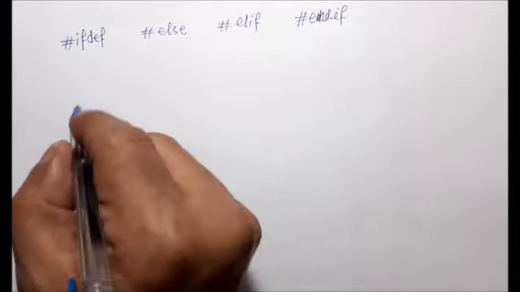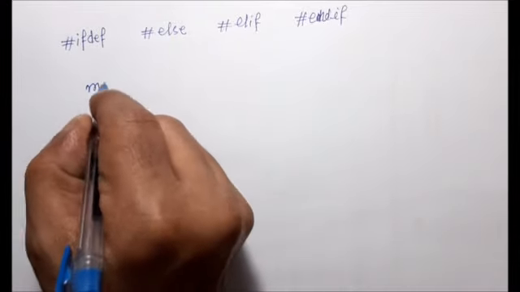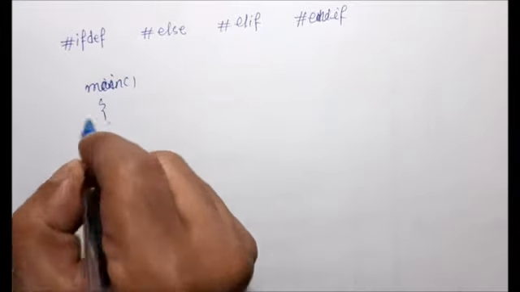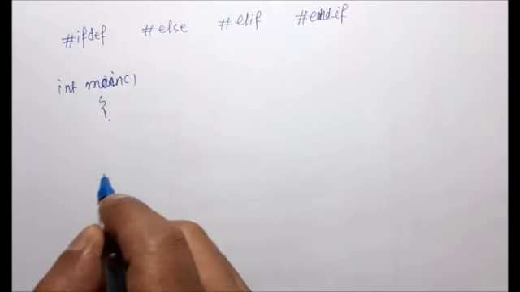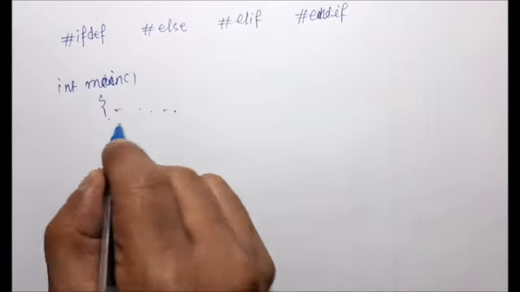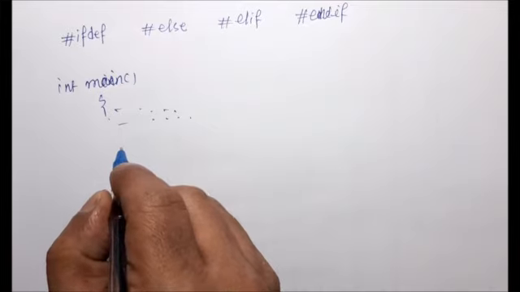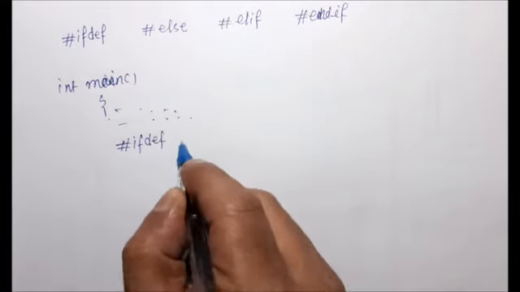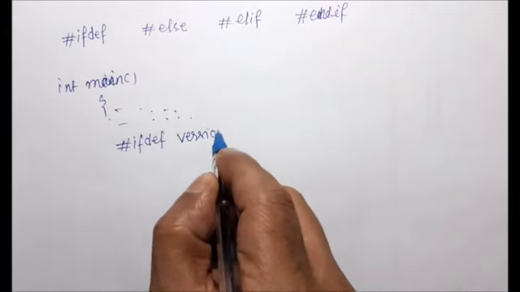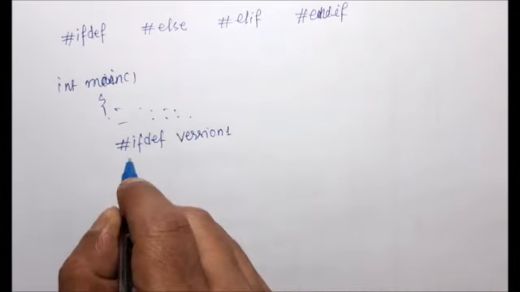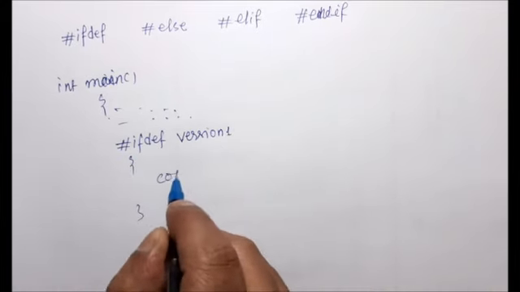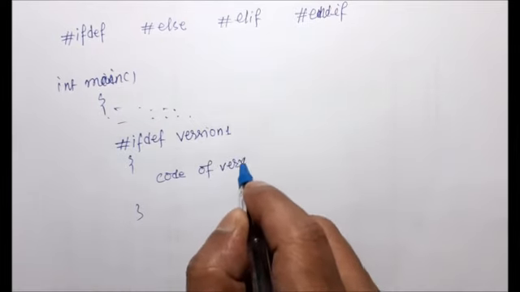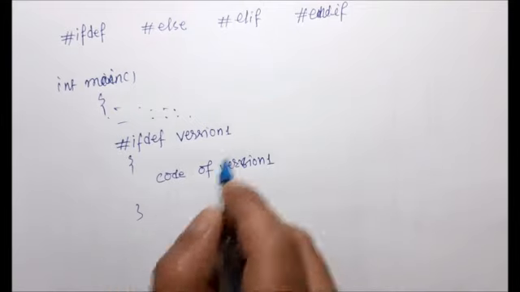So for example, in my main, I am just writing an example, not details, there are so many lines, and after that I have written #ifdef, for example VERSION1, then this is the code of version 1, right?